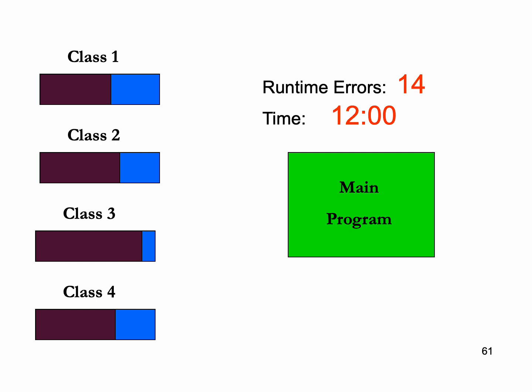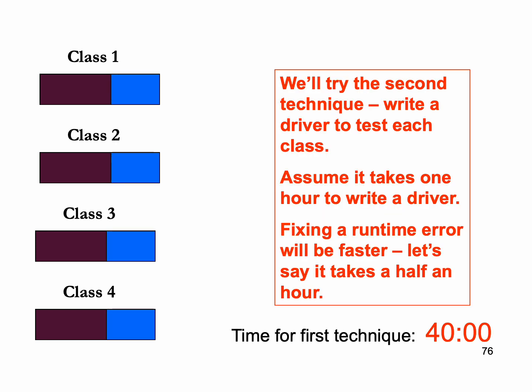Then at 10 minutes, 12 errors, and we see the class 3 bugs are gone. The first one which is bug free is class 3. Then at 20 minutes we have 10 bugs gone. Then slowly, one bug left.